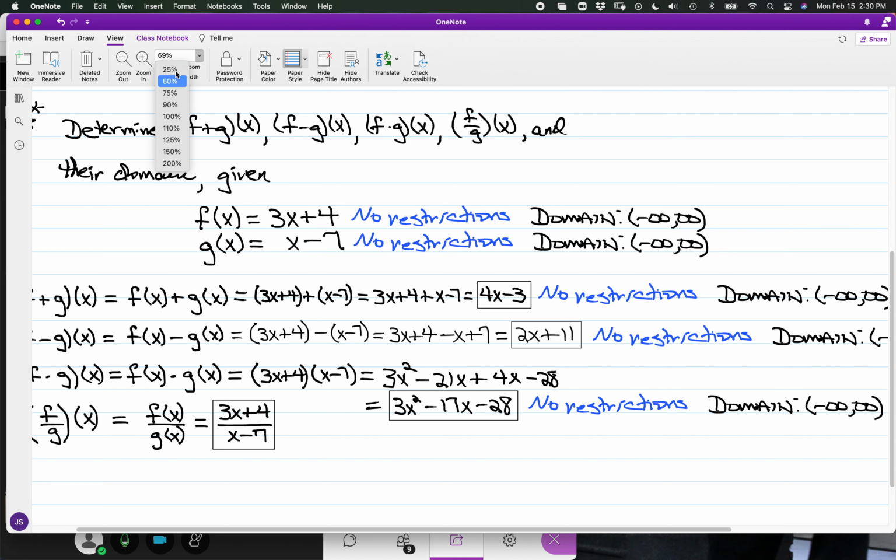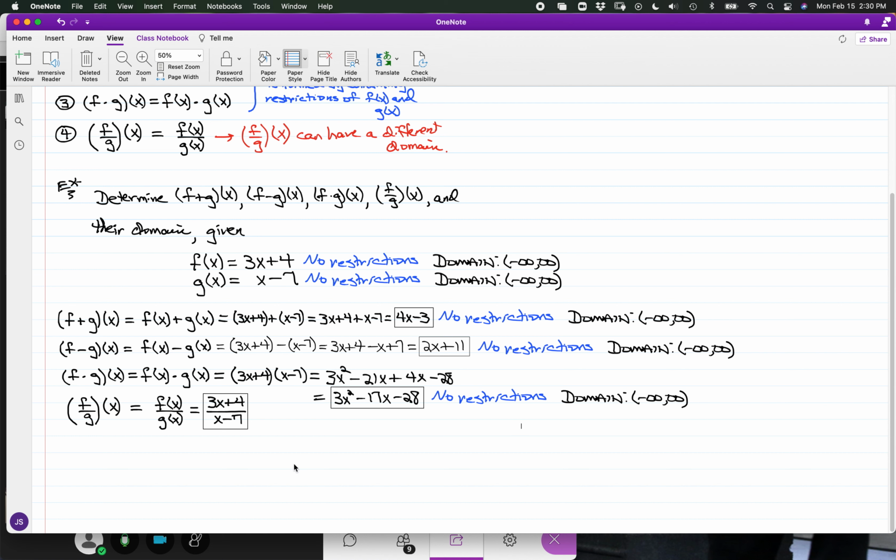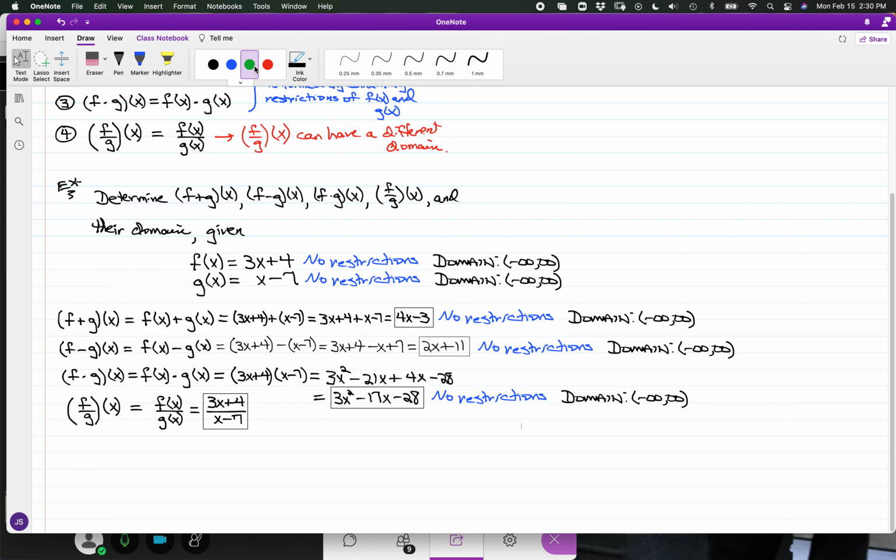But once again, it is with the quotient function that this could be the unique individual in terms of having its own domain. For the quotient function, notice you have 3x plus 4 over x minus 7. For a quotient function, in this case a fraction, to be defined, the bottom part cannot be 0.